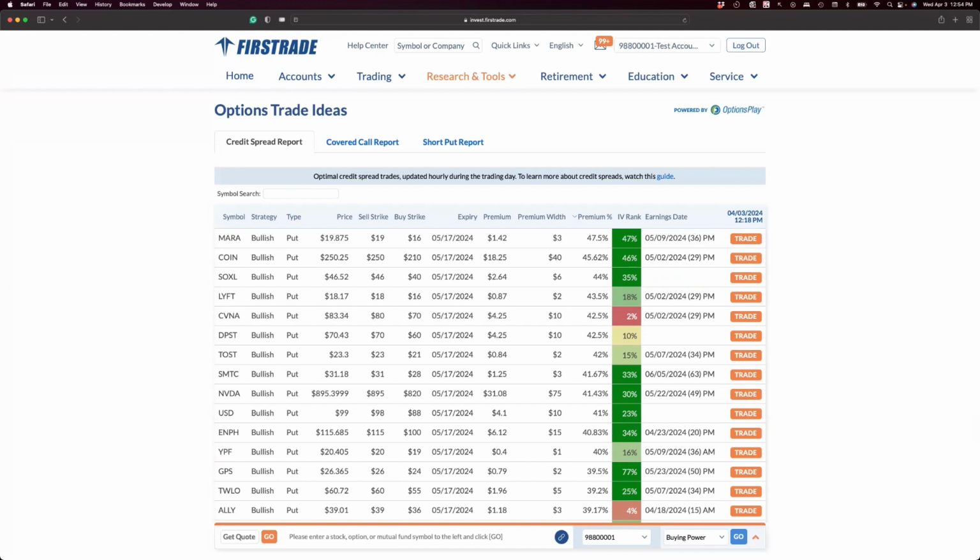Do you do any trade management strategies when the trade is going against you for a credit spread? For example, adjusting or rolling a leg. I generally don't like doing that because you're basically risking more money on a bad trade. If the direction that you expect is not working out, don't throw good money after bad. Just get out of the trade and place a new trade on something else. You can get back into a trade if you feel pretty confident that it is going to come back, but I still think that you're better off taking a loss on the initial trade, because clearly the timing on the initial trade hasn't worked out.